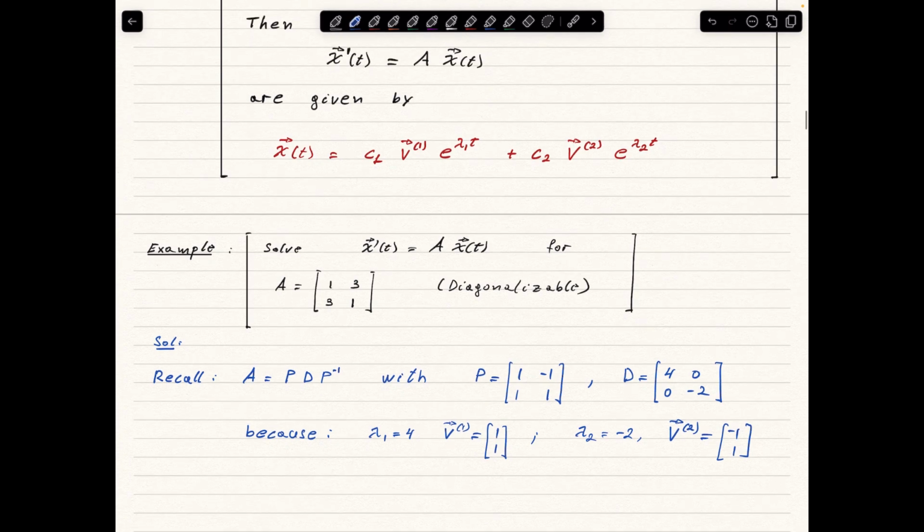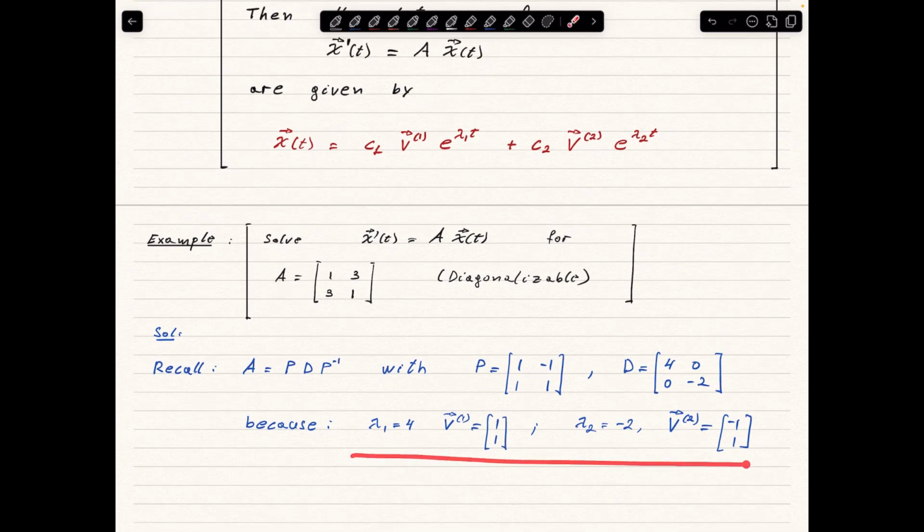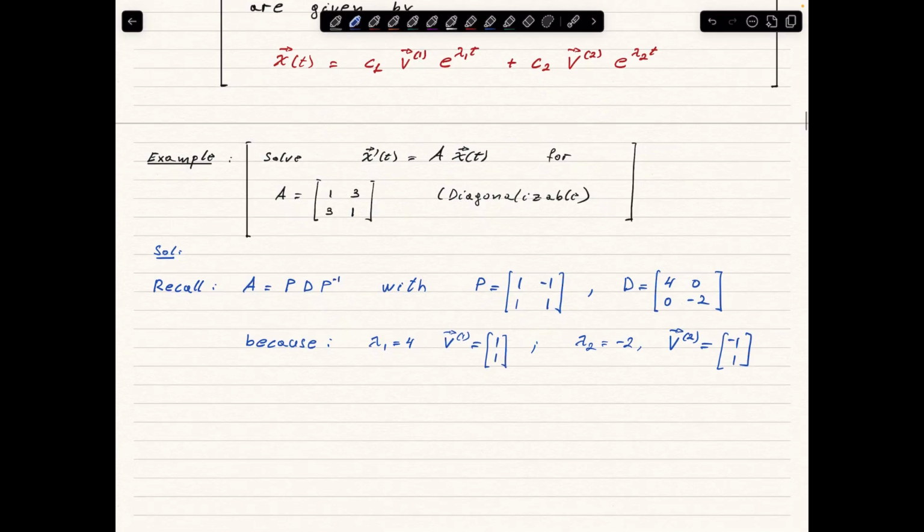Okay, so now the short theorem says, you know all that about the matrix, then you've got your solution, because the formula in red on the top of the screen says that x of t, all the solutions of this equation, can be written as a linear combination: C1 times the vector (1, 1) times exponential 4t, plus C2 times the vector (negative 1, 1) times exponential negative 2t.